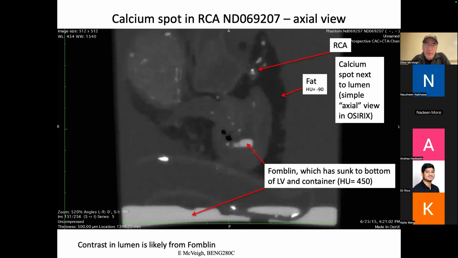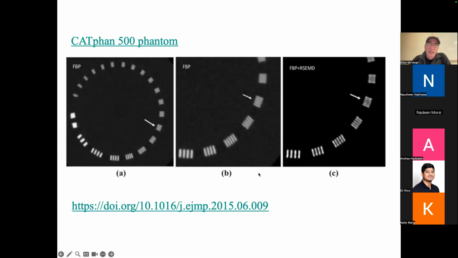So here's an example of a phantom that you can purchase for like $10,000 or something, maybe even more, that has separated bars, so they're separated by a specific gap, and the bar itself has a specific width.